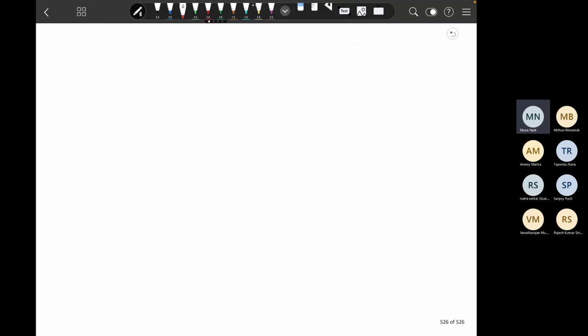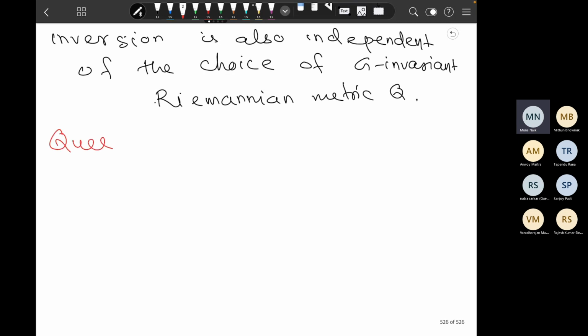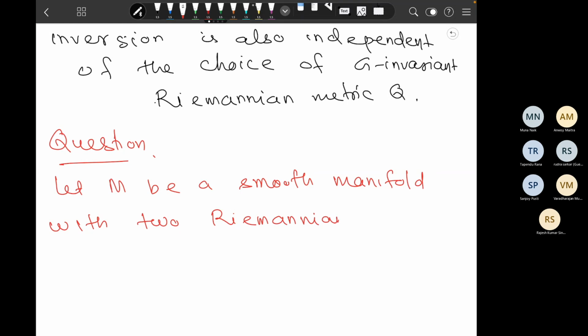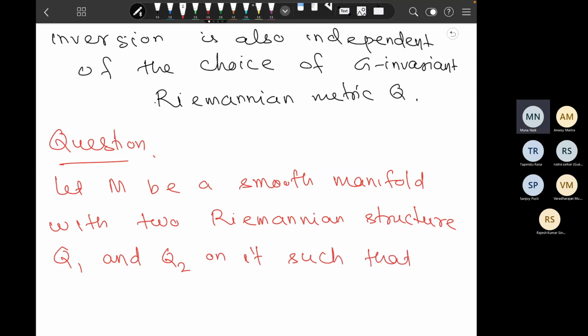So let me give one question to think about. I will answer this. Let M be a smooth manifold with two Riemannian structures Q1 and Q2 on it, so that Q1 is not a scalar multiple of Q2.